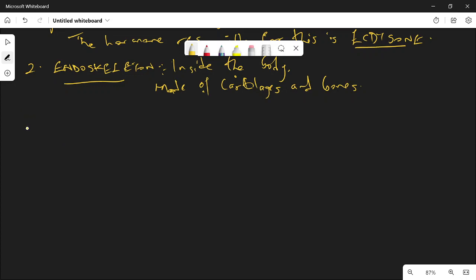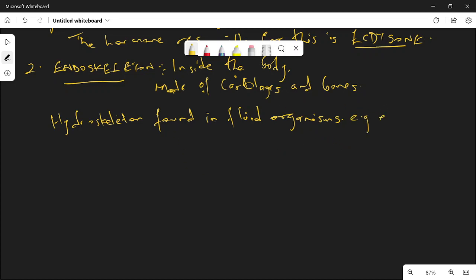Also we talked about hydroskeleton, which is found in fluid organisms. When I say fluid organisms, I mean organisms that have fluid content in them, like the earthworm.